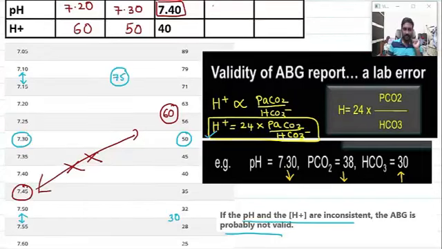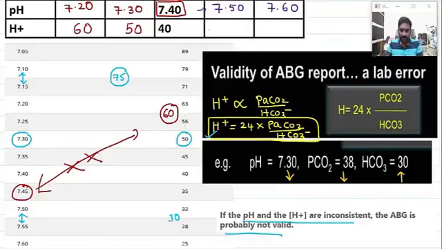Now if you go to this side, 7.50, 7.60. If pH has increased from 7.40 to 7.50, what should happen to H plus? Whenever H plus increases, it is acidosis. When H plus decreases, it should be alkalosis. So pH is increasing, and H plus should decrease, because an increase in pH is alkalosis.